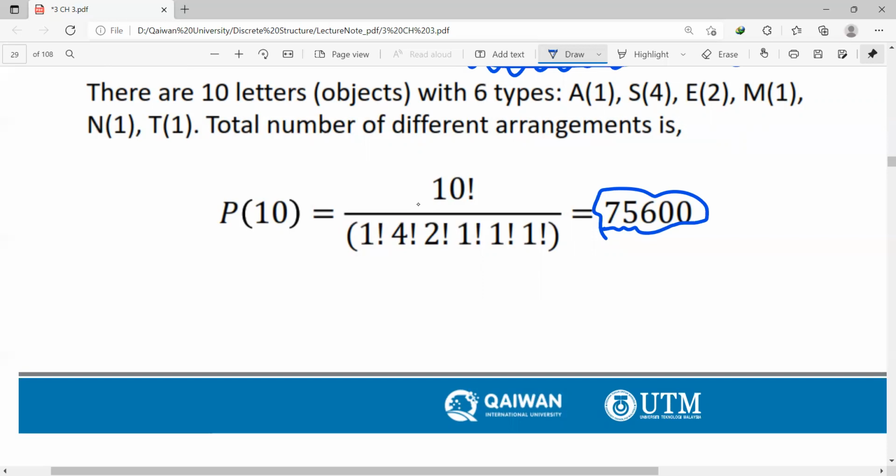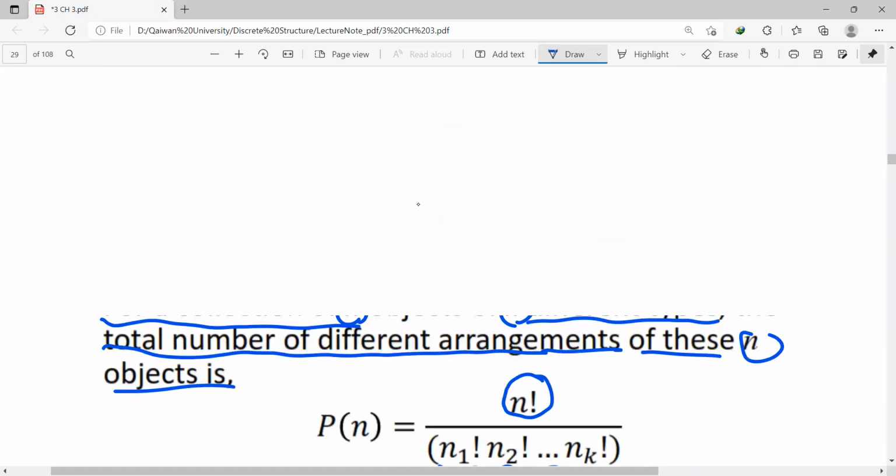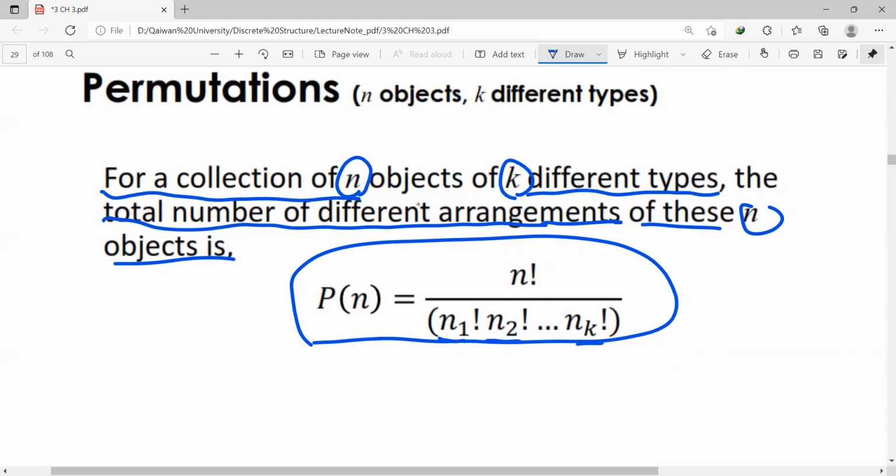So here, the most important thing is to know this rule. If you have different types of n objects, we should use this rule. It equals n factorial, which is n objects.